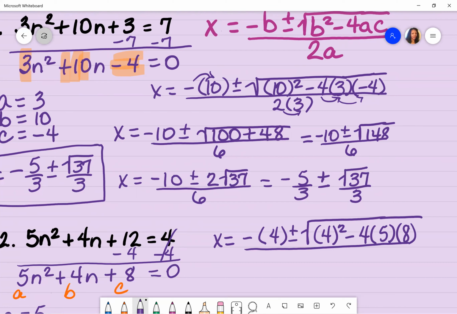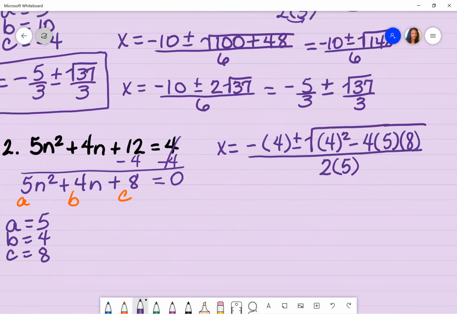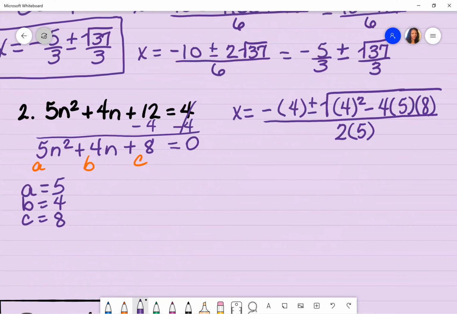All of that is divided by 2 times a. Okay, so now let's make sure that everything is set up right. We have b. Yep, that looks good. We have A. Yep, that looks good. And we have C. So you definitely want to double check that. You hate to do all of that work and then you had it set up wrong.